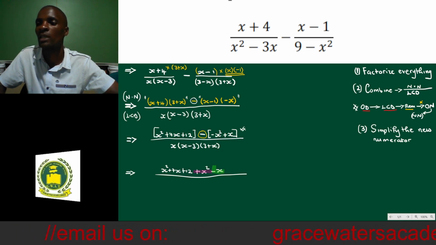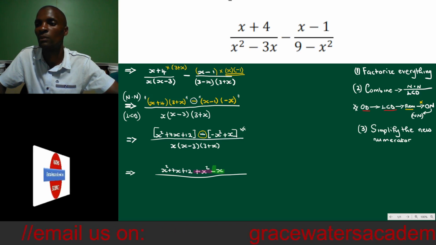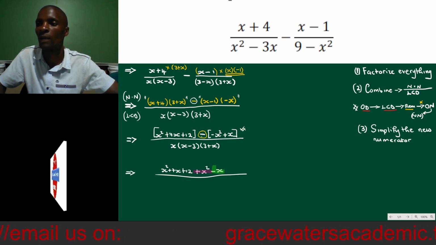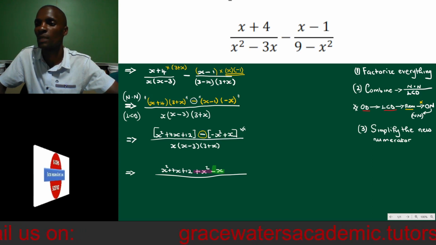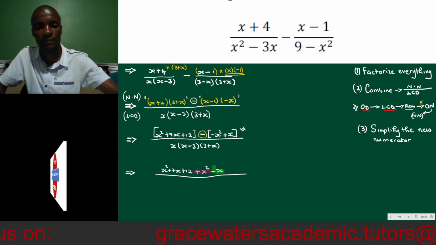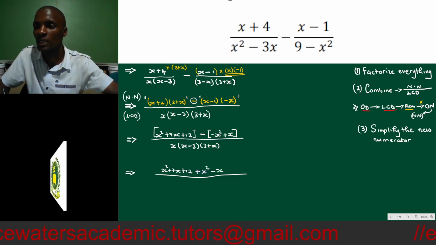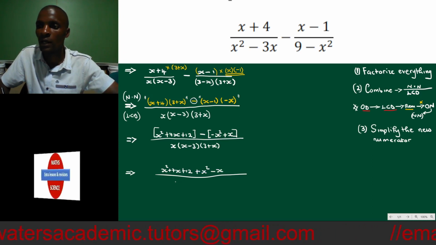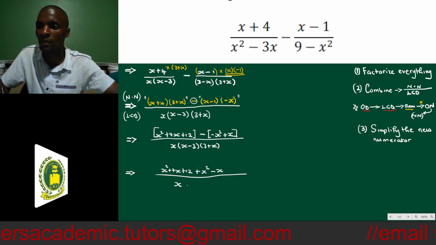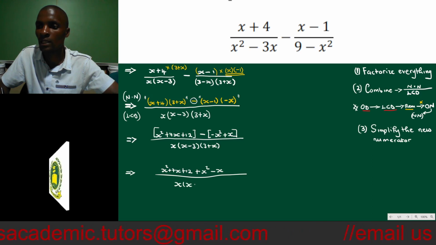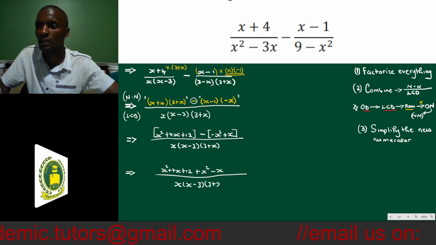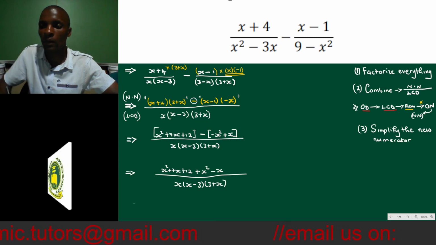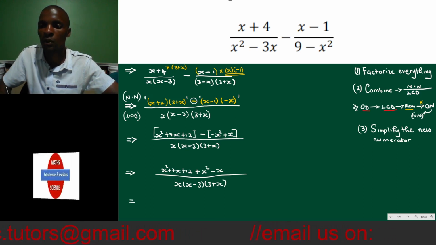So make sure that you don't omit them, so that when you are expanding the second part of it, you will understand it better. So that means here we have this value and the denominator remains the same, x into x minus 3 and then 3 plus x. Now the last part of it is to collect like terms.